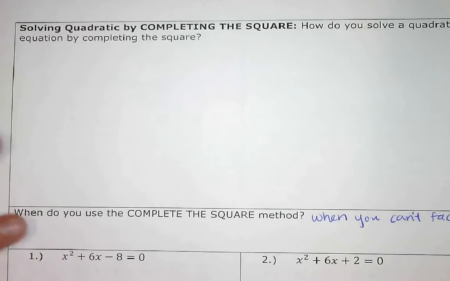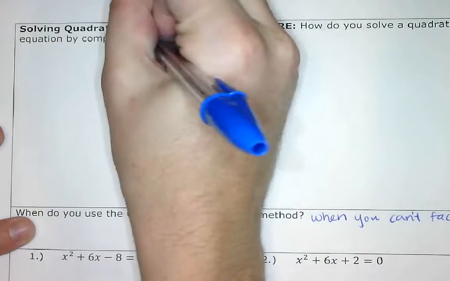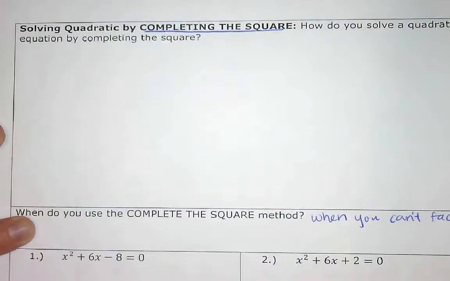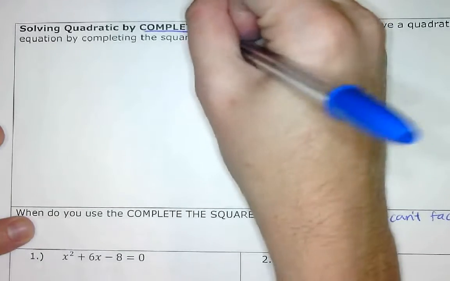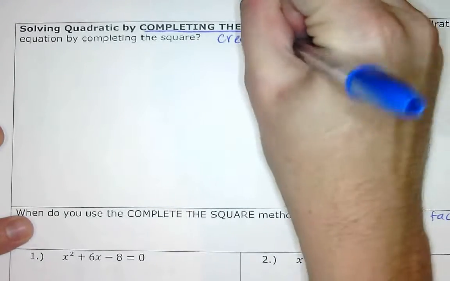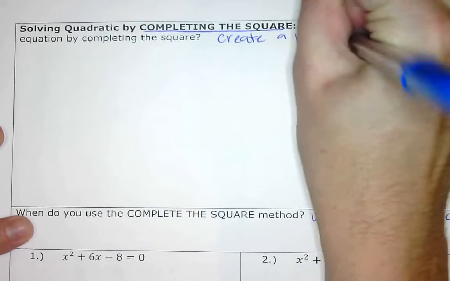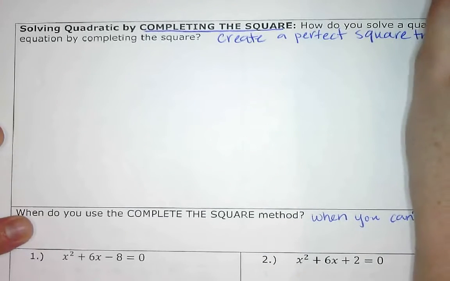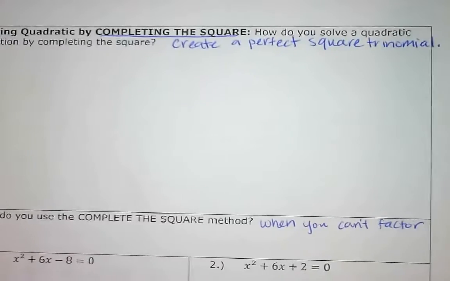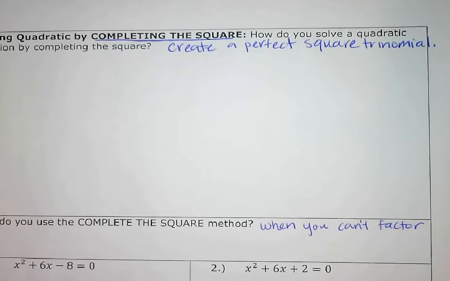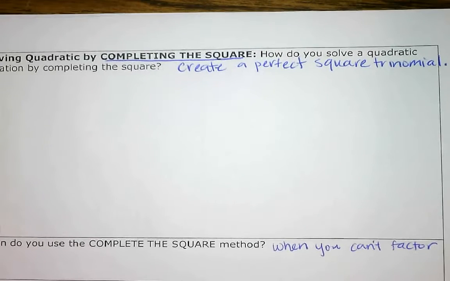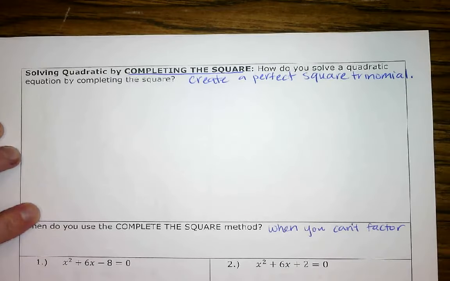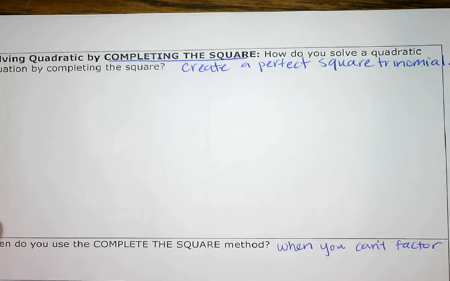Well, what we want to do, completing the square, this term means that we want to create a perfect square trinomial. Do you guys remember what a perfect square trinomial is? We did this on our warm-up. It can be represented 2 different ways, and I'm going to write this up at the top of our page here.